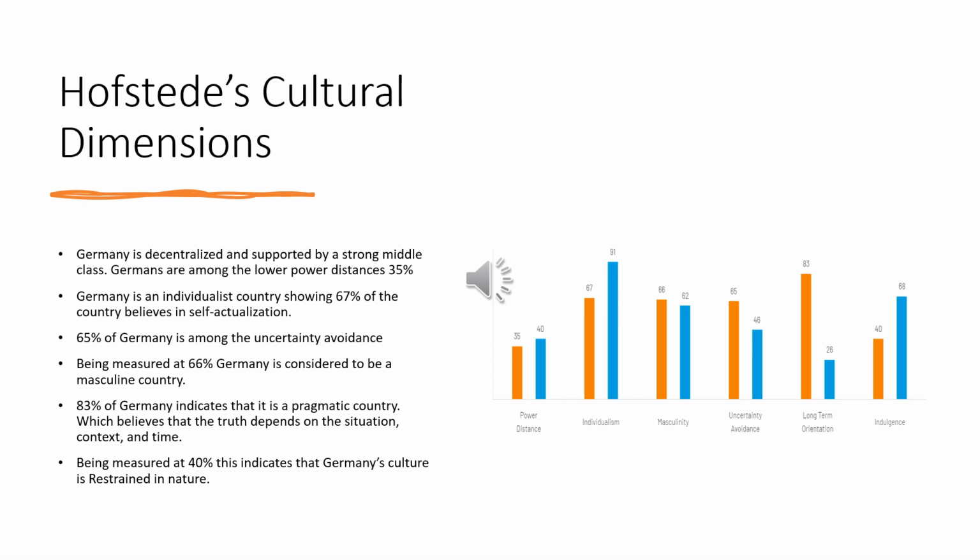The last one is indulgence. Indulgence means the extent to which people try to control their desires and impulses based on the way they were raised. Relatively weak control is called indulgence, and relatively strong control is called restraint. Measured at 40%, Germany's culture is restrained in nature.